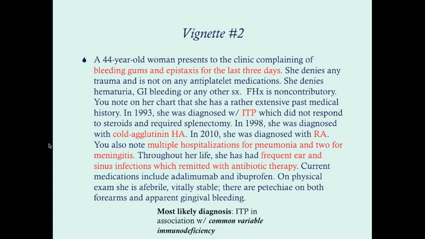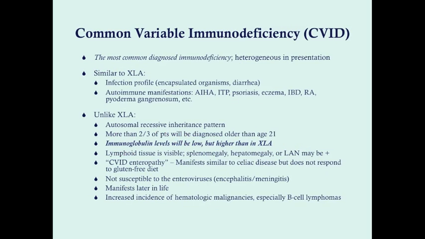Now, she had meningitis, but that was probably Neisseria, and you could go back and look at that, maybe. So this is ITP, and ITP is pretty common with CVID. This is the most commonly diagnosed immunodeficiency, making it difficult to pin down as far as mechanism, how it works, in that it's very heterogeneous in presentation. We haven't been able to isolate a single gene that causes CVID.